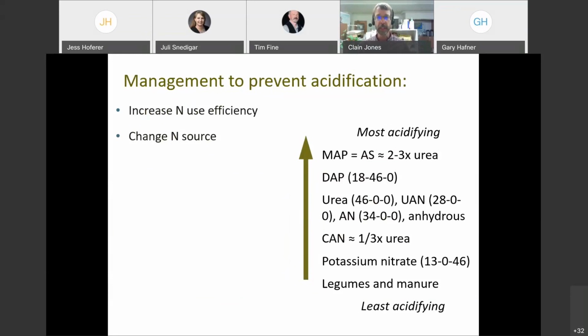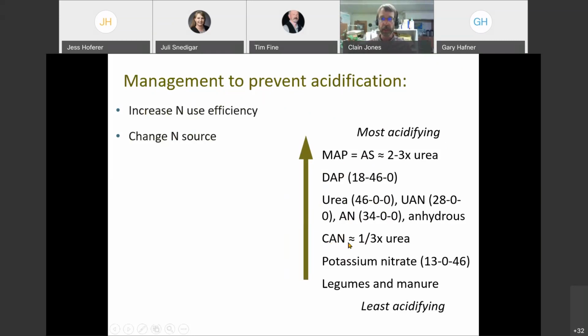Something else that can be done is changing your nitrogen source, moving away from the more acidifying sources like monoammonium phosphate, ammonium sulfate, diammonium phosphate, which isn't used much in Montana. And then next down on this list, all of these are the same. Urea, 28 solution, ammonium nitrate, and anhydrous, pound of nitrogen produce the same pounds of acid.